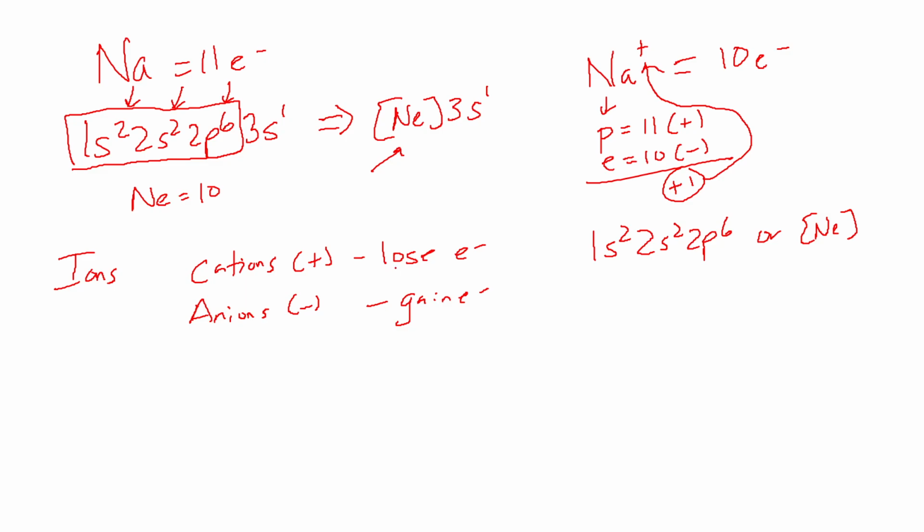Now, what happens if you have something with a negative charge? Let's take oxygen. Neutral oxygen will have 8 electrons. Configuration 1s2, 2s2, 2p4 in this case. Oxygen, when it creates a charge, makes a -2 charge, an anion, which means it has gained 2 electrons, and actually will end up with, believe it or not, 10 electrons as well.